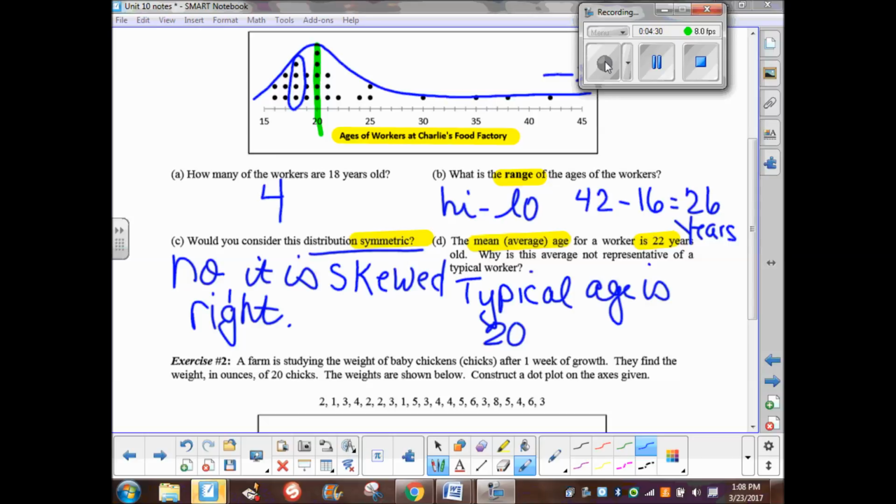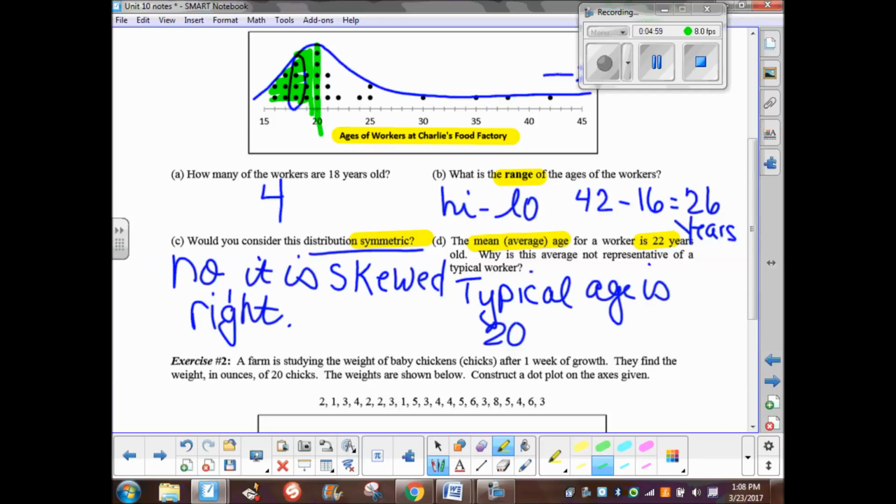And then even look to where there's even less than that. Okay, so a typical age would fall anywhere between that 16 and 20. Definitely not 22 for a typical age. Okay, that's what we're going to end up hearing about, that the mean is not necessarily very representative of your data.